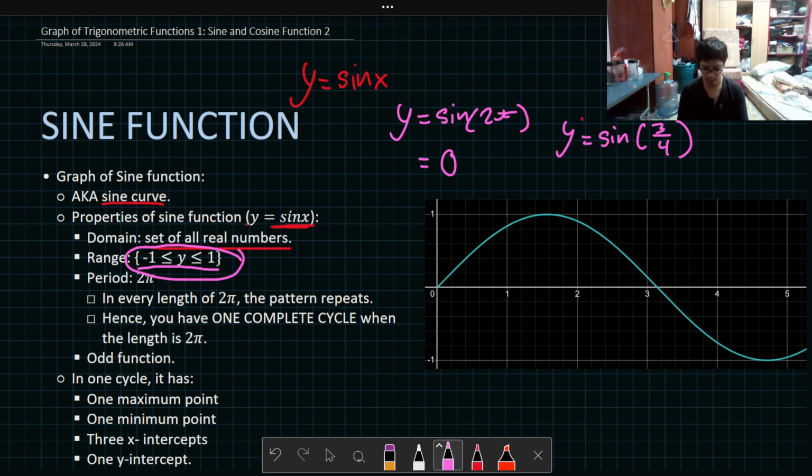Hold on. I can't. Somehow I can. Hmm, wait. For some reason I can't though. Give me a second. I'm trying to change my calculator into radian.